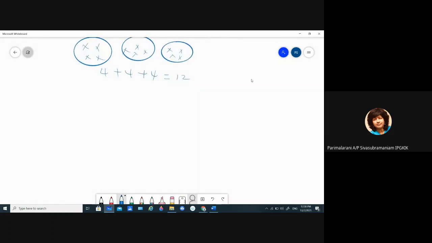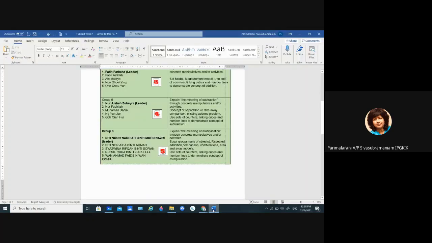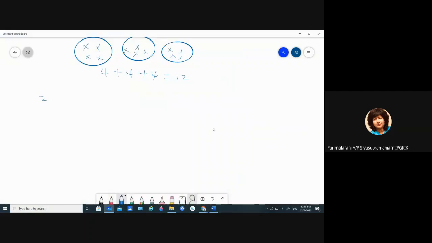The second model is the comparison model, also known as the measurement model.